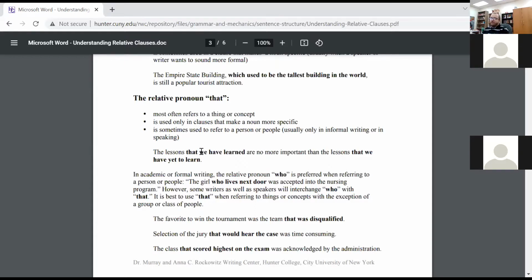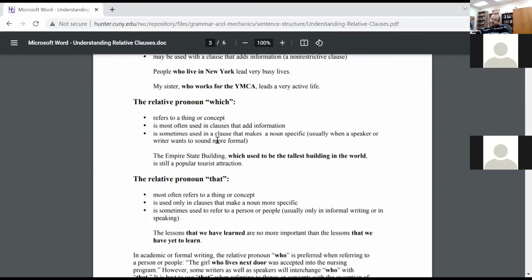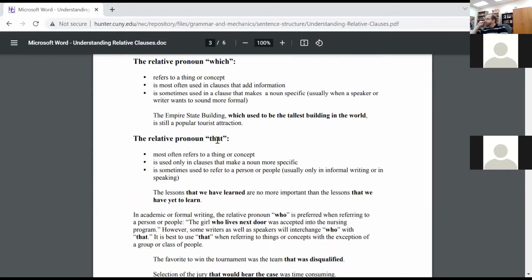So even including the word "that" is optional here, right? Including it is optional because it's already built into the structure of the sentence. So that's one more thing I wanted to point out. With "that," you can oftentimes leave it out and it'll still make sense. So that's a cutting clutter kind of issue, right?